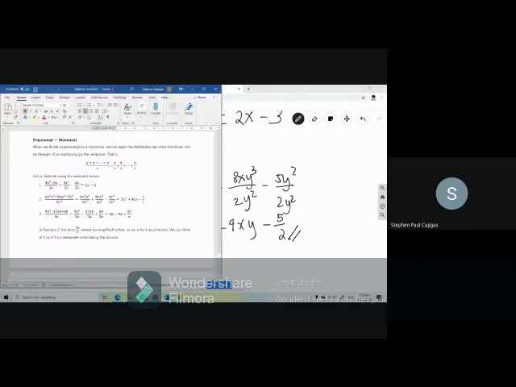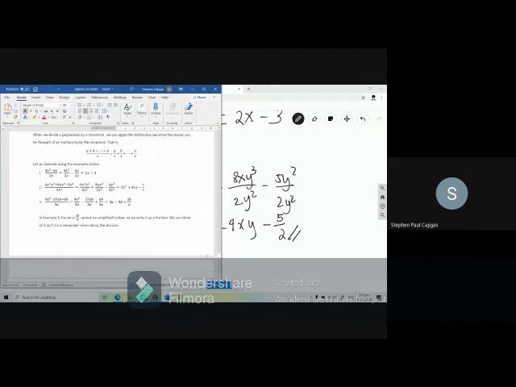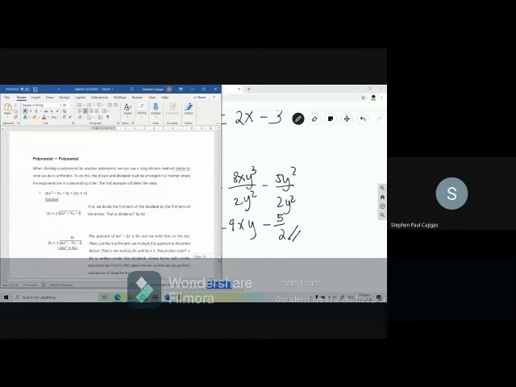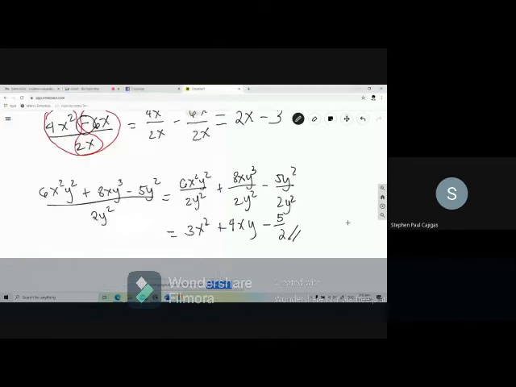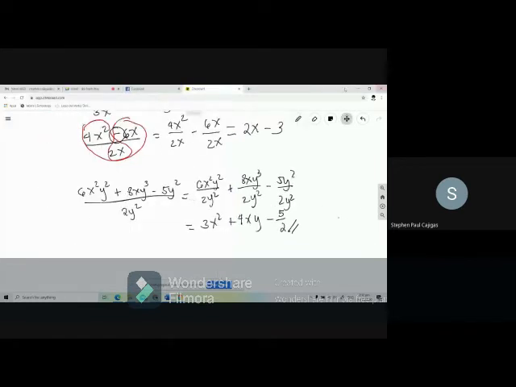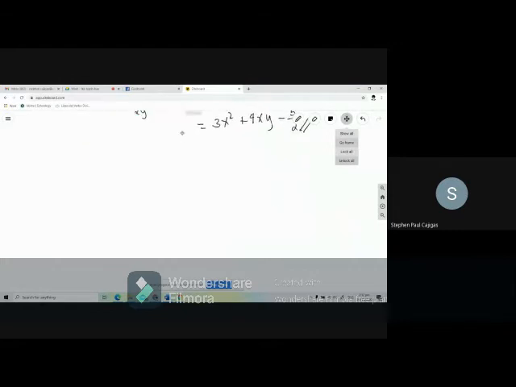Let's have another, let's go on now. This one is a bit more difficult: what if we are going to divide a polynomial by a binomial?